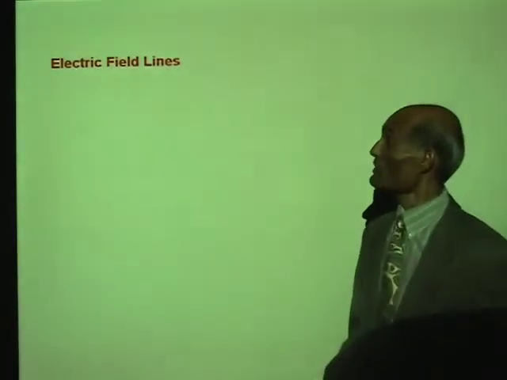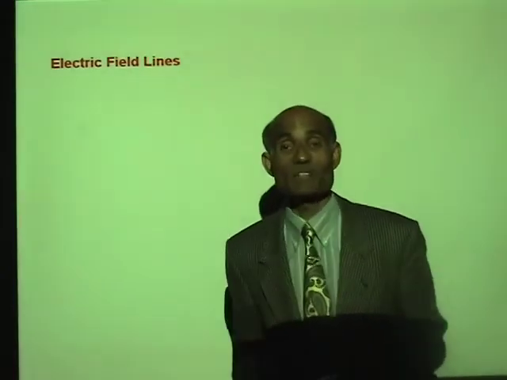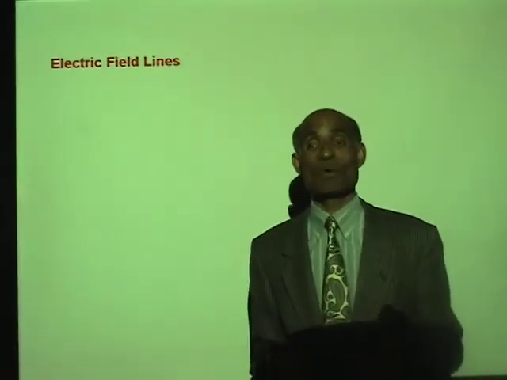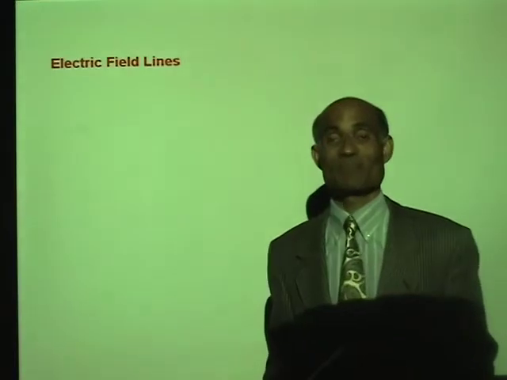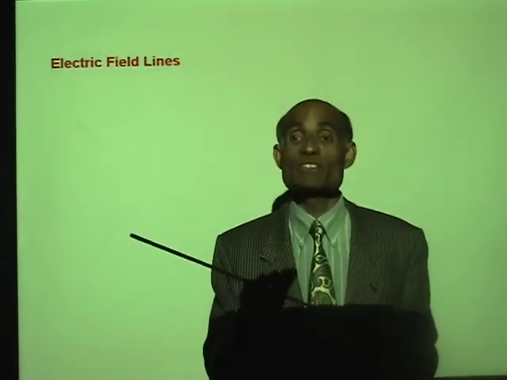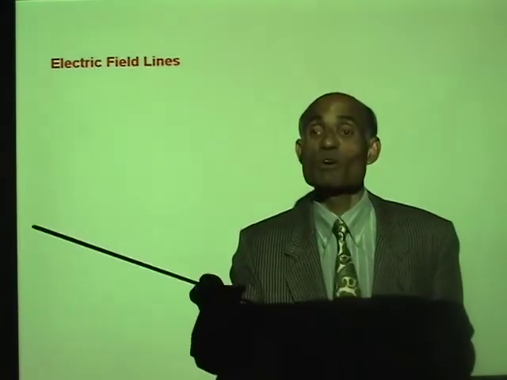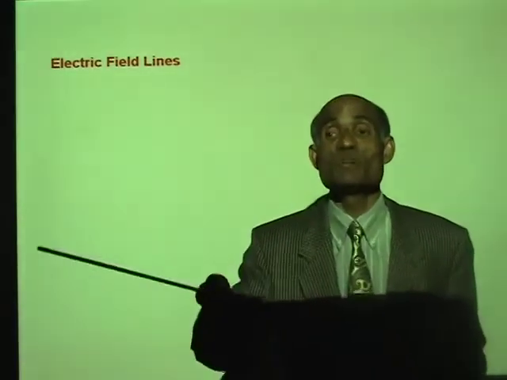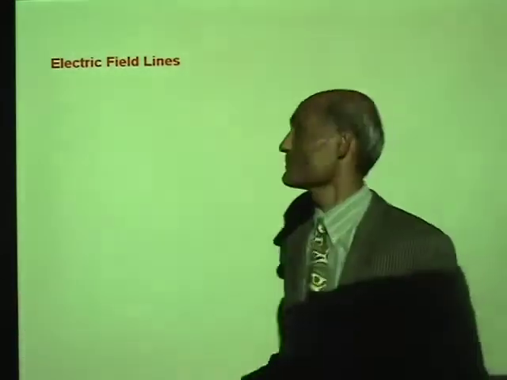Well, I have now the discussion on electric field lines. You know what an electric field line is now. What is an electric field line? Well, an electric field line is the path followed by a unit positive test charge.